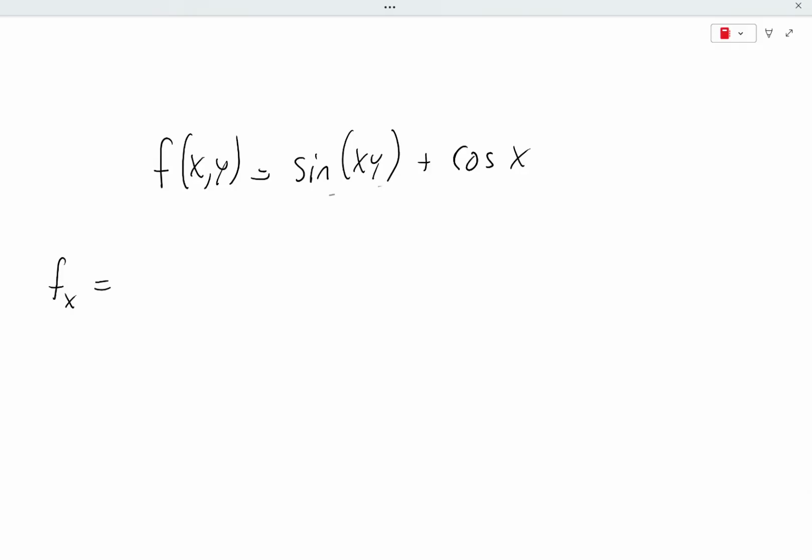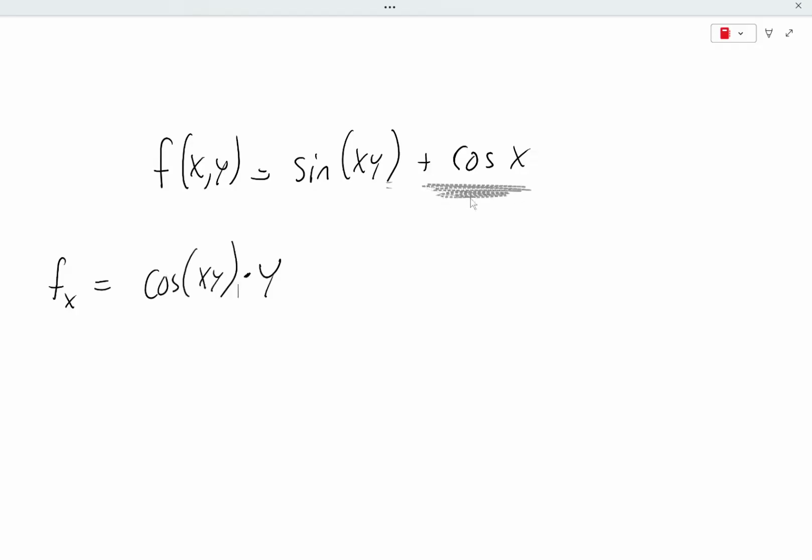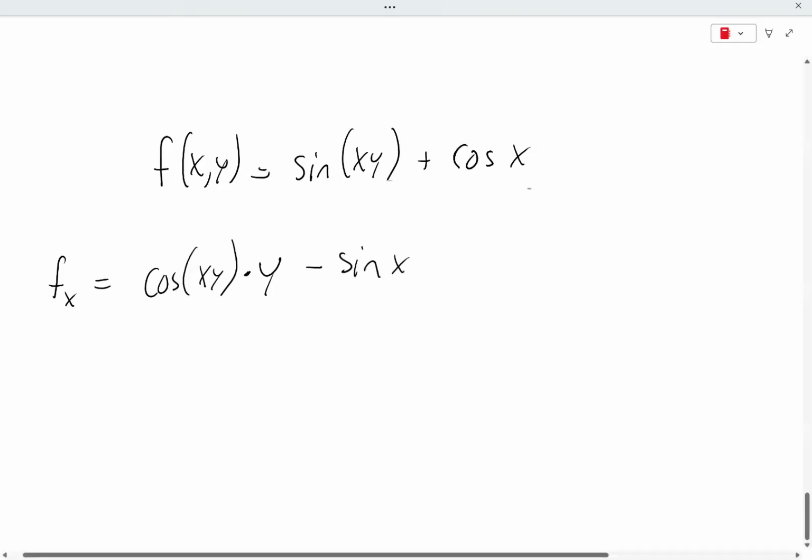If you take the derivative with respect to x here, you get cosine of xy from the chain rule, and then multiply it by the derivative of xy with respect to x. So it should be cosine xy times y. And then the next one: minus sine x. So that's that one.